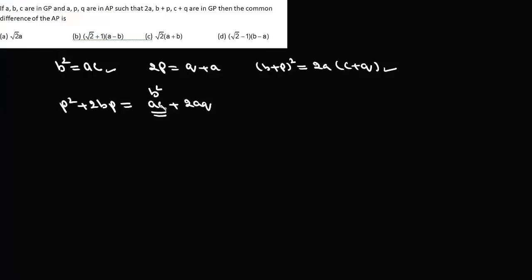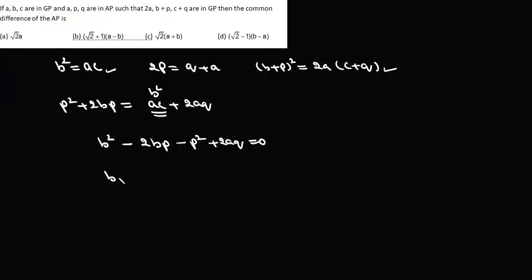We can make it a quadratic in B, so we can write B square minus 2BP, and then it will be minus (P square plus 2AQ) equals 0.